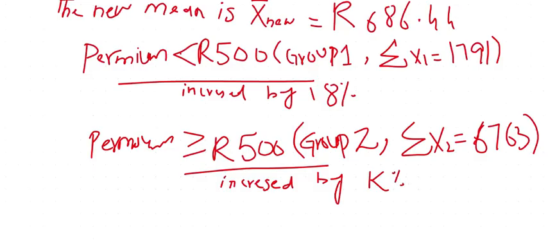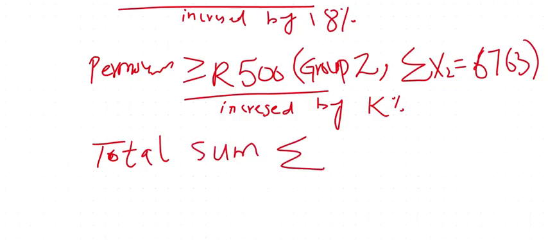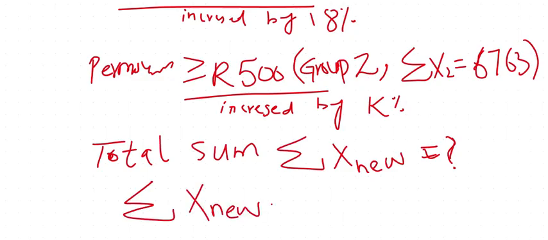All right. So we have to calculate the total sum of x new. Okay, so I'm writing over here summation x new, which equals x bar new multiplied by 15, because we now have a total of 15 values.